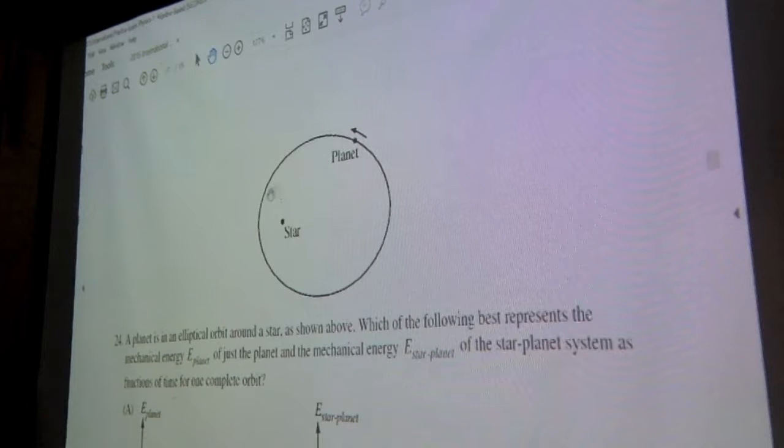When this planet is spinning through a smaller radius, that means less inertia, so the omega has to be big. When it's spinning here, the radius is big, which means bigger inertia, and therefore the omega has to be smaller. That is why the planets move like this: they come closer and go faster, and then slow down.